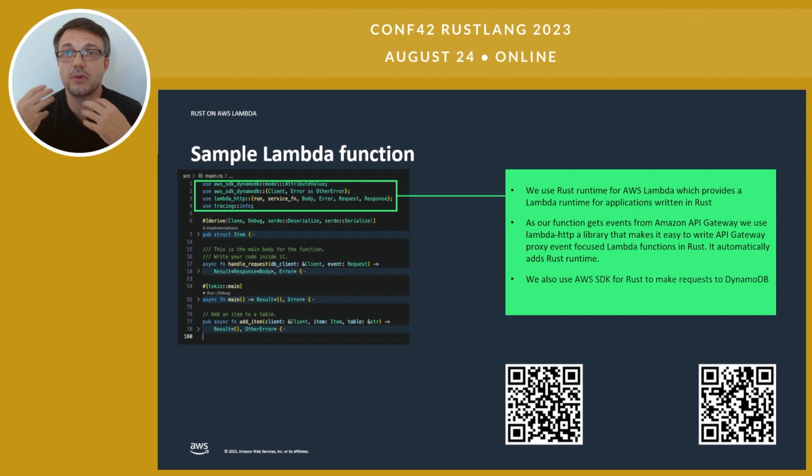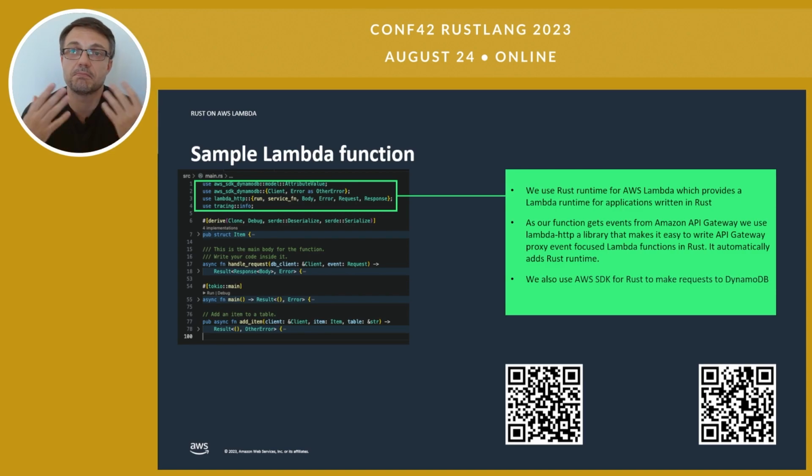And if you need to create a custom runtime, that custom runtime is responsible for how your code is interacting with Lambda. There are certain specifications you need to follow, how you can get the events from the Lambda runtime, and how you should pass the responses back.